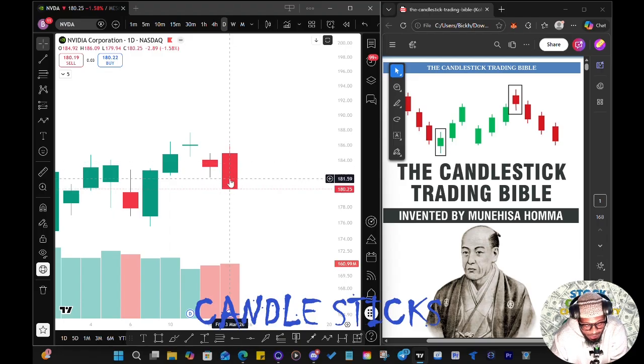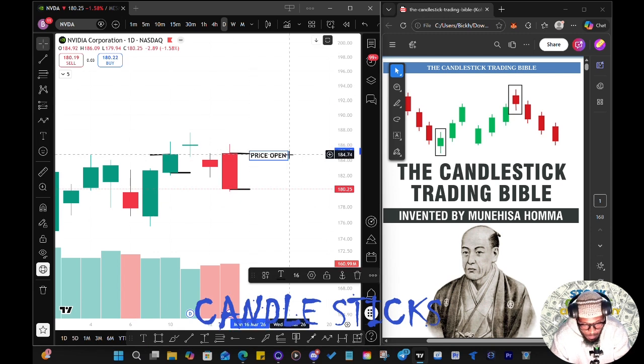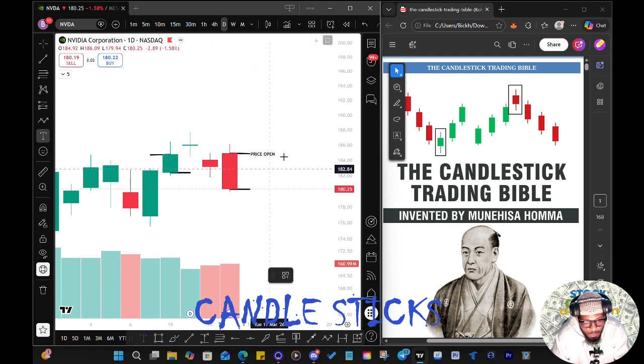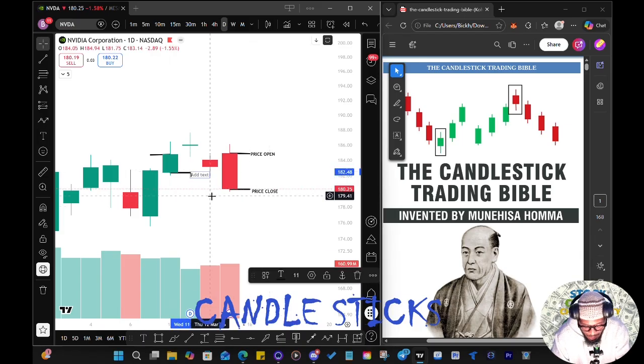A green candle, the price closes at the top. So let's put that: red candles, price opens at the top, price closes at the bottom. Green candle, price opens at the bottom, price closes at the top.